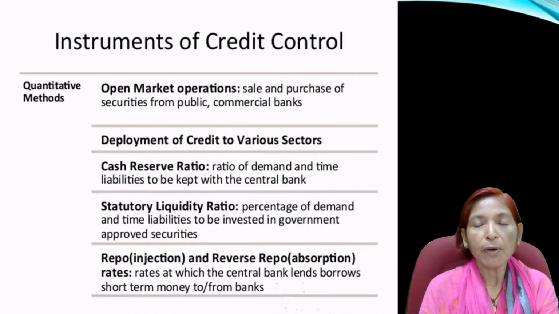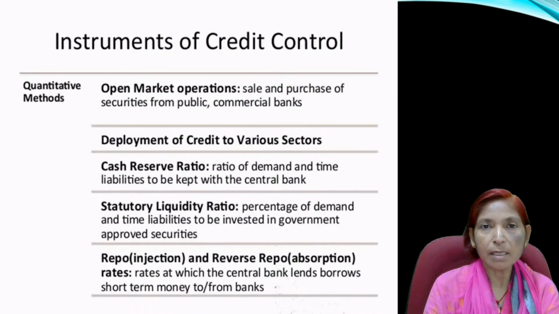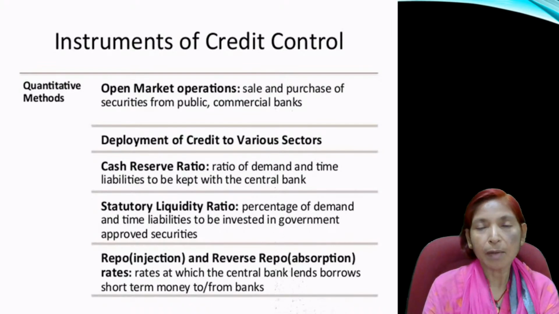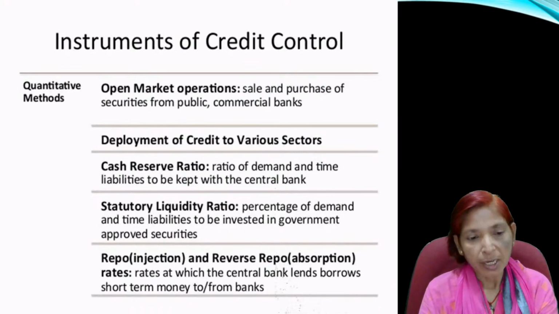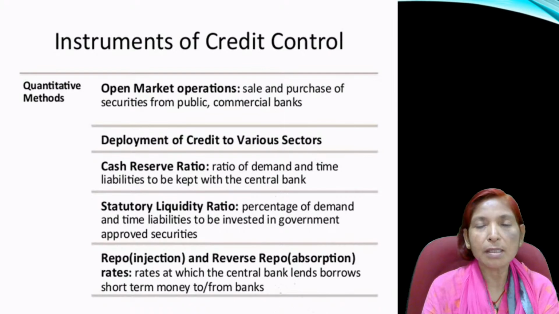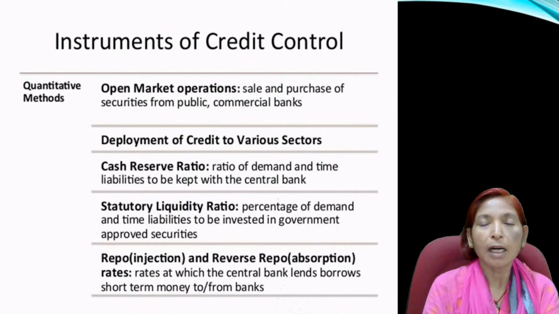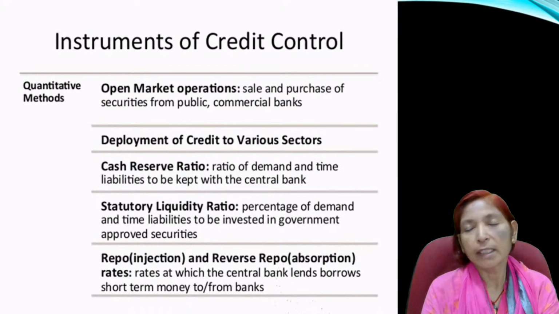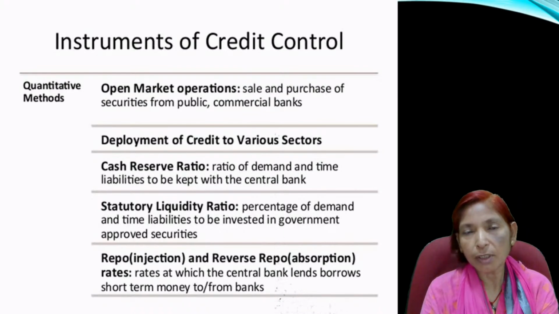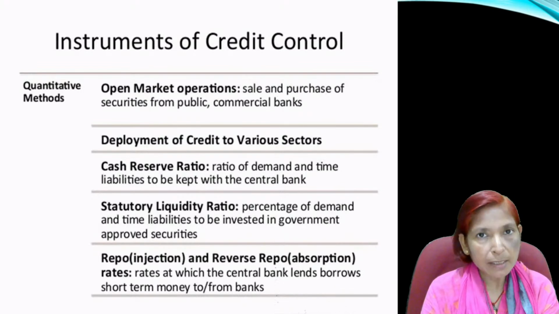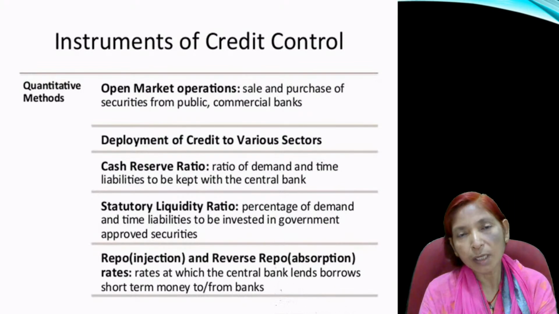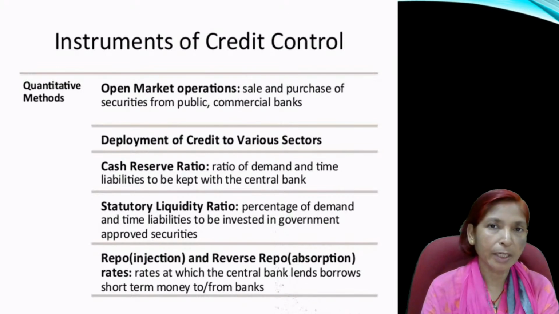So repo and reverse repo, it is clear from the name that reverse repo is the opposite of repo rate. The repo rate is just the same as the bank rate, but the difference is that at the bank rate, RBI provides loans and advance facilities to the commercial banks for a longer time period, but at the repo rate, RBI provides loans and advance facilities to the commercial banks for a shorter time period.